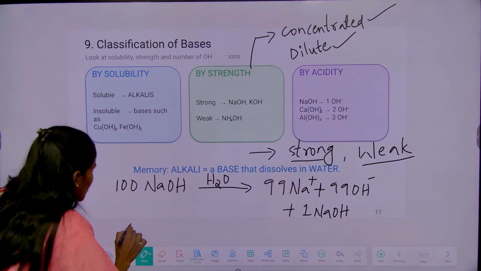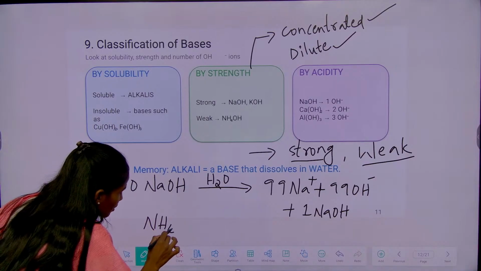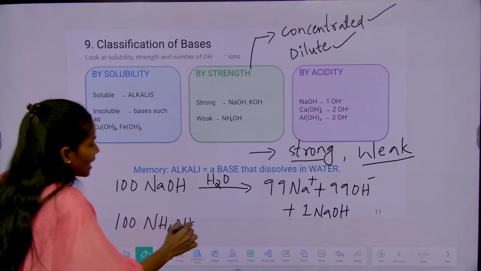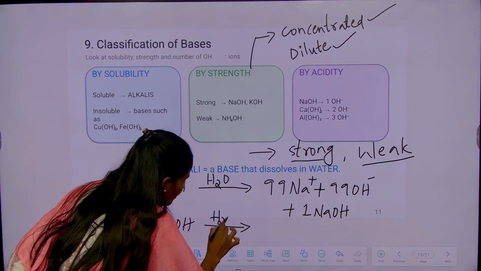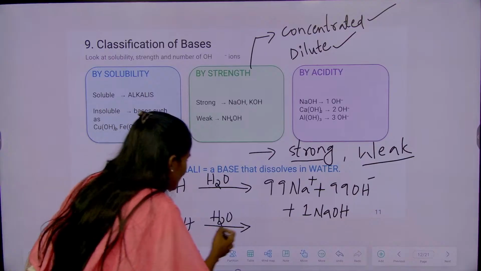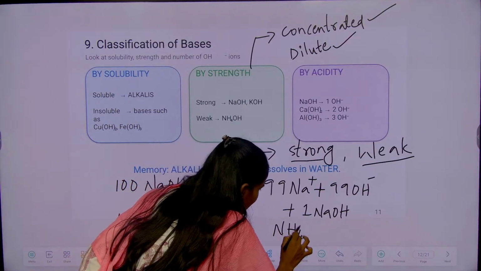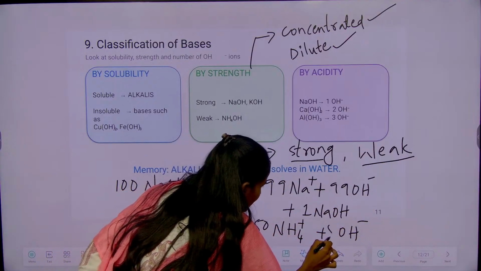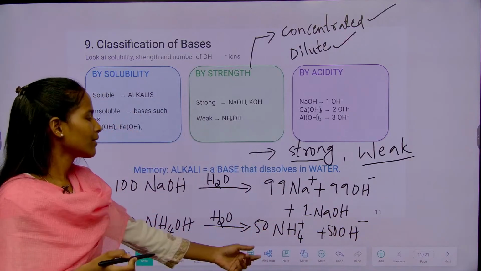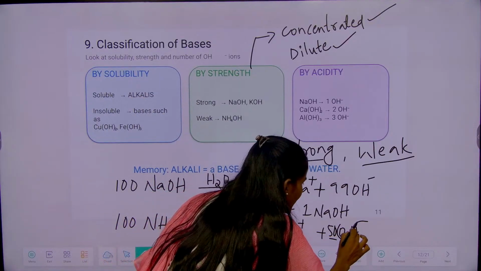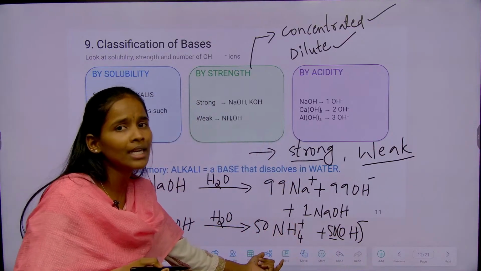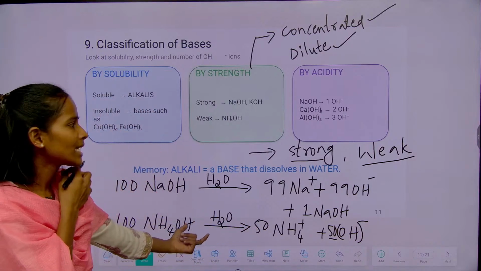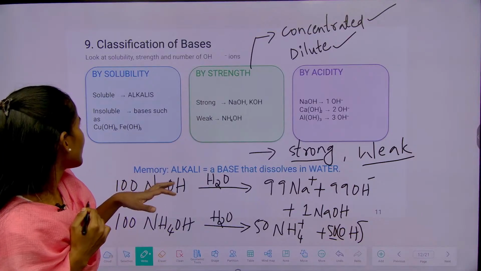For example, take ammonium hydroxide. We are taking 100 molecules. On dissociation in the presence of water, it will dissociate as NH4+ and OH-. If we are getting only, for example, 50 NH4+ and 50 OH-, then complete dissociation is not taking place. Such a type of base we will call a weak base. Okay, any doubts? Clear?